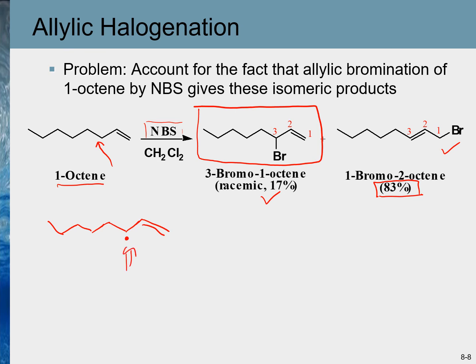Now we know that an allylic radical has a resonance stabilized structure, so it will show this resonance, and we will get another structure in which the double bond is between carbon number 2 and 3, and now the radical is at position number 1.